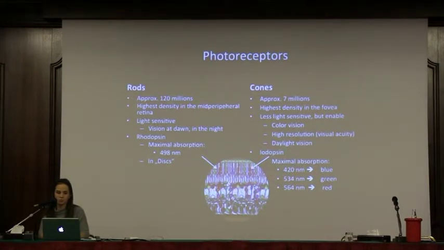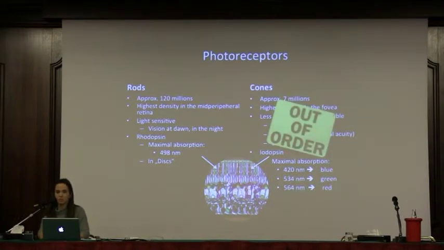And these cones are also very important for us, so that we have daylight vision and a very high resolution at the central part of the retina, where we have most of our cones. If these cones are not working, then we are talking about achromatopsia.